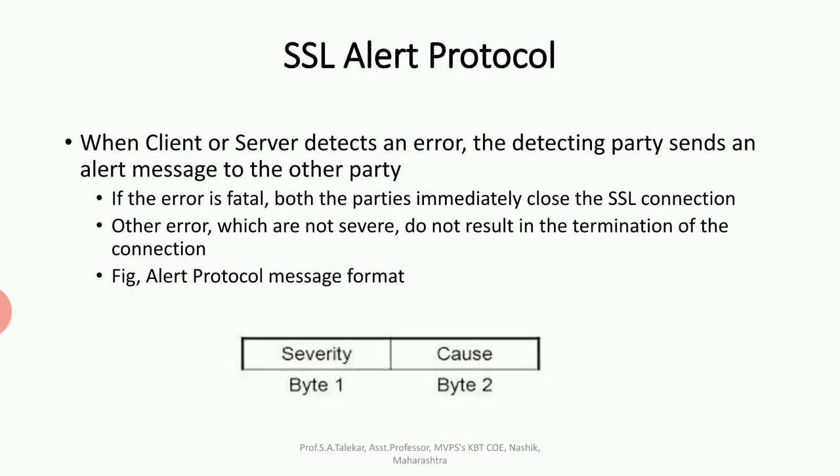If it is any other type of error, which is not fatal and not severe, it does not result in the termination of the connection. So there is a message format that the alert protocol provides, shown in the figure. The first field is the severity, which is 1 byte, and the second field is the cause, which is 1 byte.